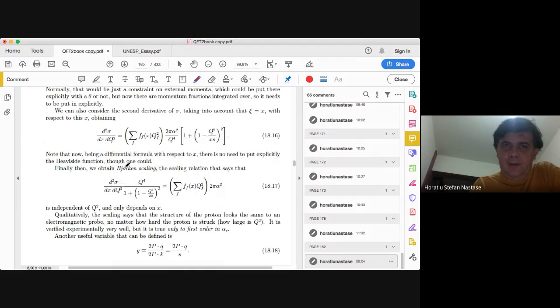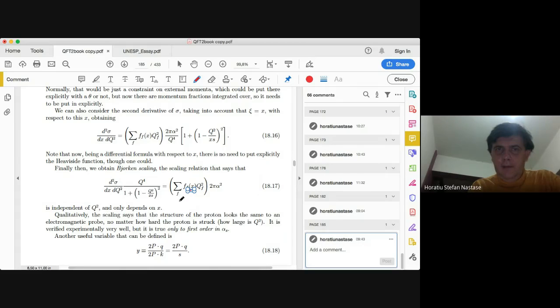Directly on Q squared, we have only on the left-hand side, but on the right-hand side, we have dependence on x here, right?